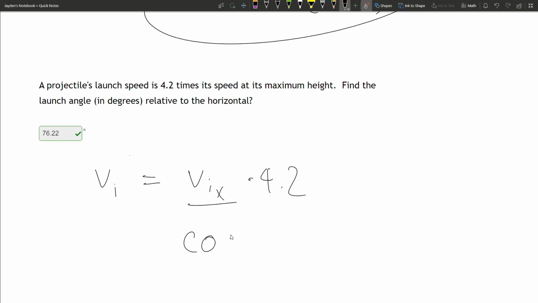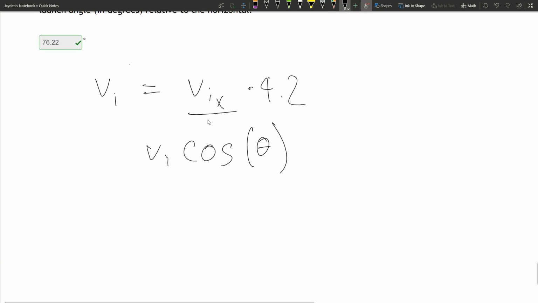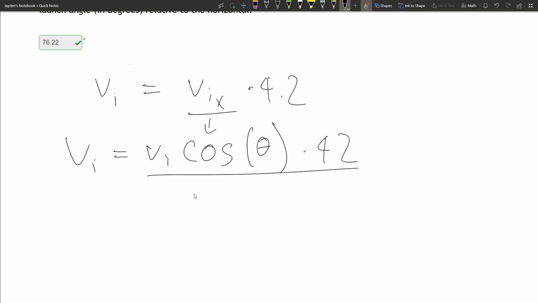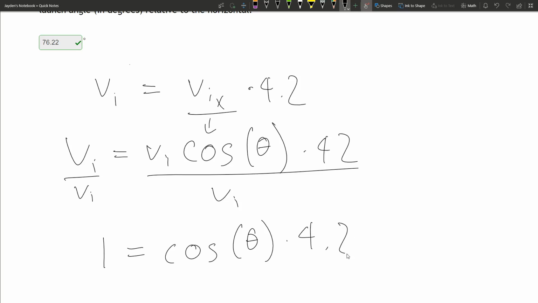VIX is equal to cosine theta times VI. So if we convert this and continue the equation, we can divide both sides by VI. That gives us 1 equals cosine theta times 4.2.